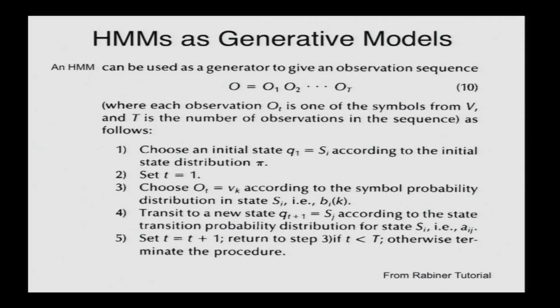You set the time variable t equal to 1, which in our case will often be the position in the sequence. And then you choose an observed value according to some probability distribution, but it depends on what that hidden state was, okay? And then you transition to a new state, and then you emit another one, okay?